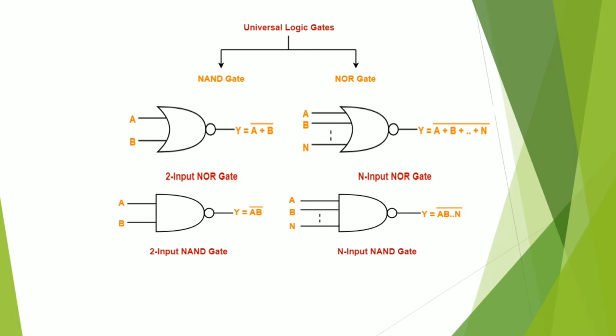Now, here we will see which are the universal gates, or what is the meaning of universal gates. Universal gates are nothing but the gates with the help of which we can build any other logic gates. That is, from the NAND gate and NOR gate we can build the AND gate, the OR gate, and the NOT gate.